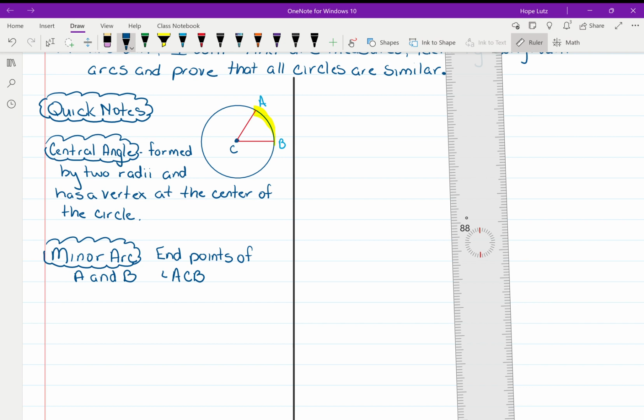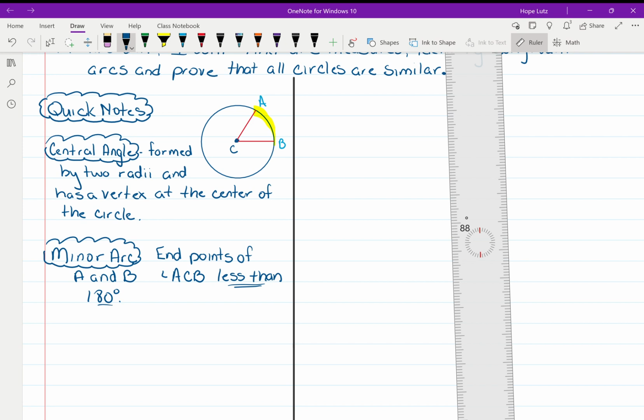And the last thing that you need to know about a minor arc is that it is less than 180 degrees. Okay, so that's the key on this one, less than 180 degrees.